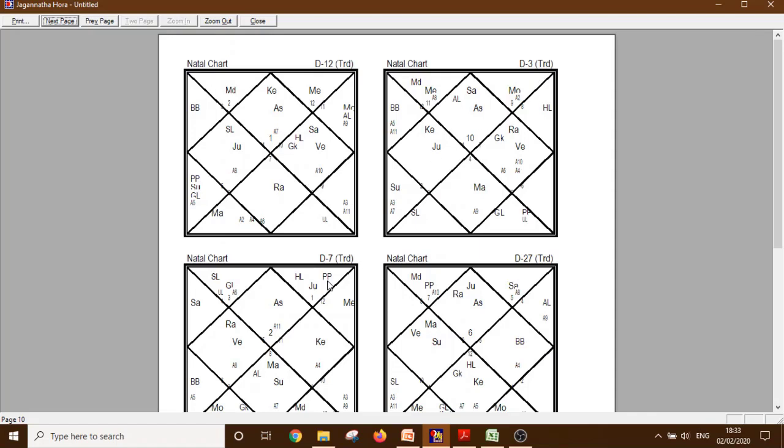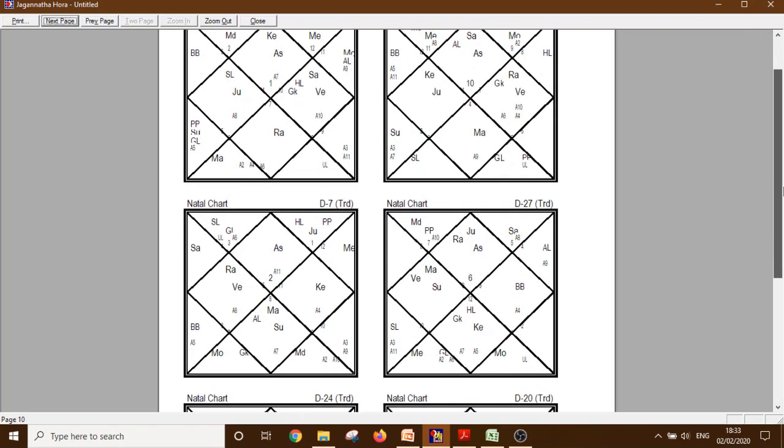Then you have D7, Saptamsha. This is used to analyze the children aspect, or the progeny and happiness, whether your child will give you happiness or not. Then you can look at the dignity of the planet and predict the happiness from your child.